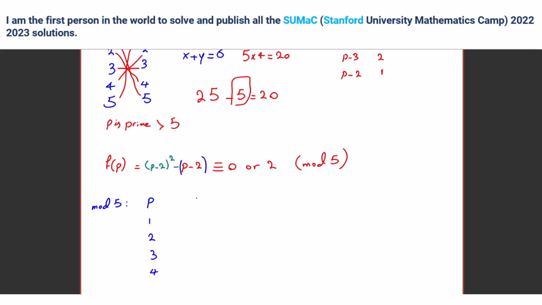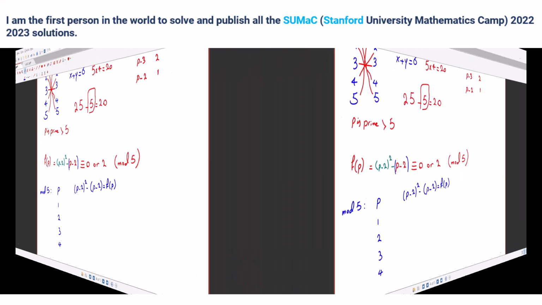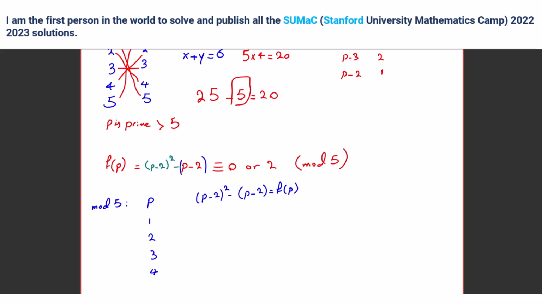Yes. And then p minus 2 squared. So you can calculate for each of the cases. For p equals 1, it is what? F of p. Okay, I see. For p equals 1 it's equal to 2. For p equals 2, let me check: 1 minus 2, 1 squared, 1 minus negative 1 is 2, you said, right?